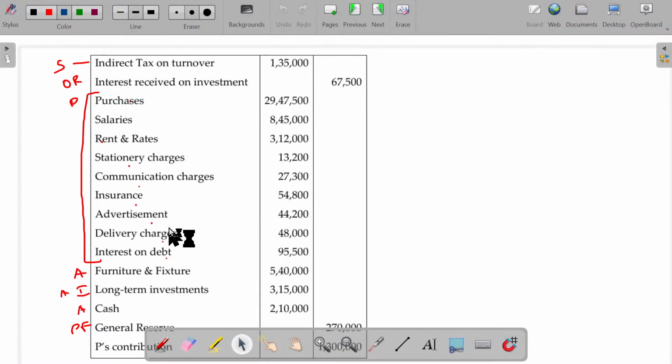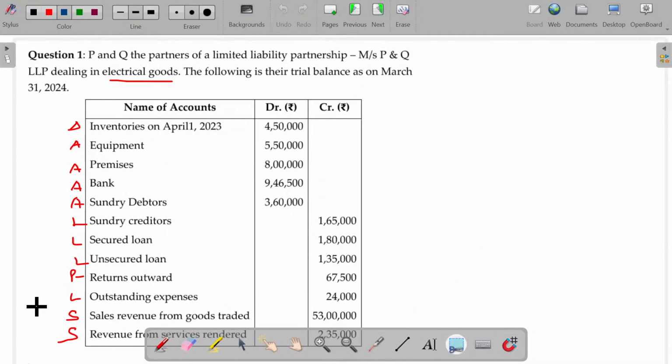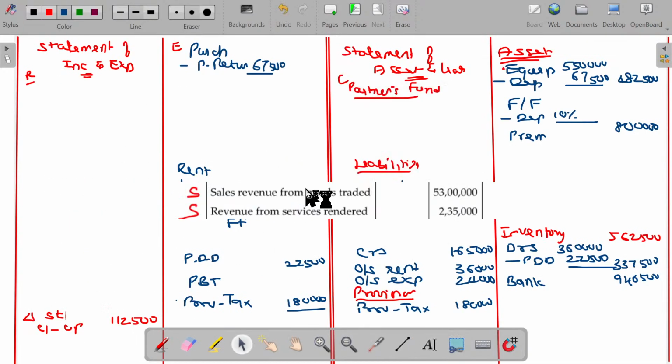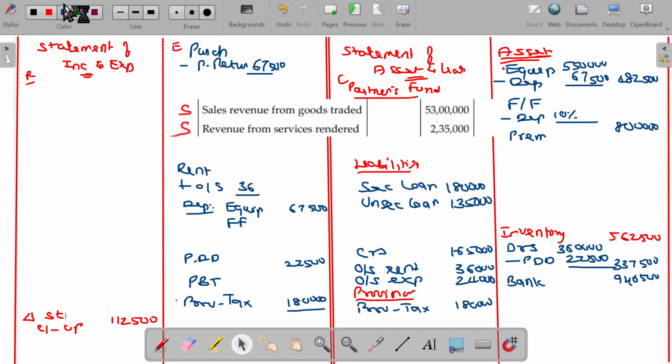Then we have 2 more revenues. Tell me, sales revenue. Here income. Under the income, start with what?